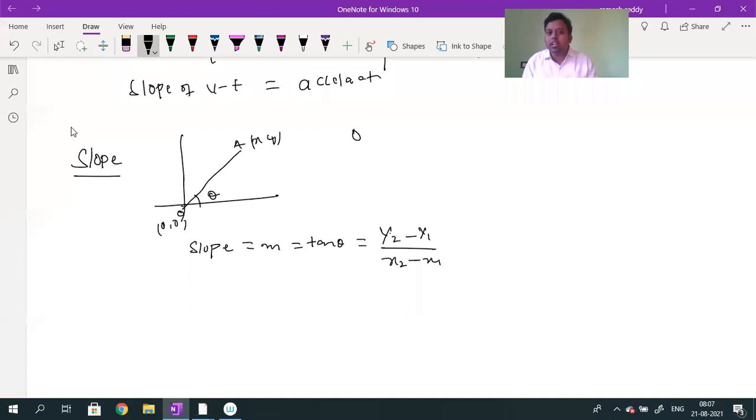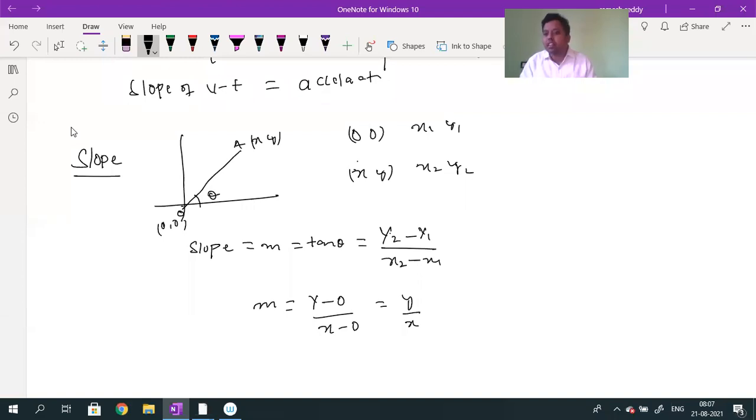The 0, 0 becomes x1, y1, correct, and what about x, y? It becomes x2, y2. When I substitute in this formula, what do I get? The m value will be equal to y2 value y, y1 value 0, x2 value x, x1 value 0. So the answer is y divided by x.